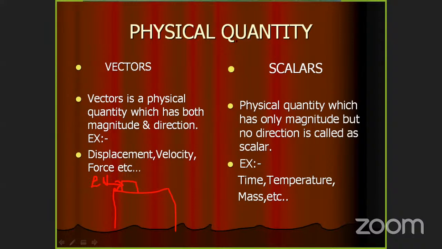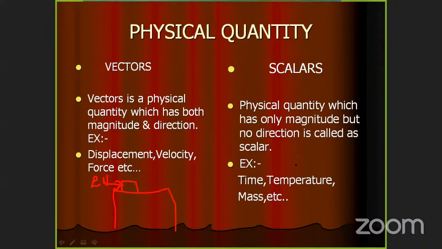So the force is a vector quantity. Next one is the scalar quantity. A scalar quantity means a physical quantity which has only magnitude but no direction. The vector quantity has both magnitude and direction, but the scalar quantity has only magnitude, no direction.